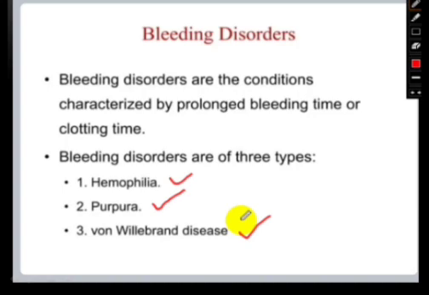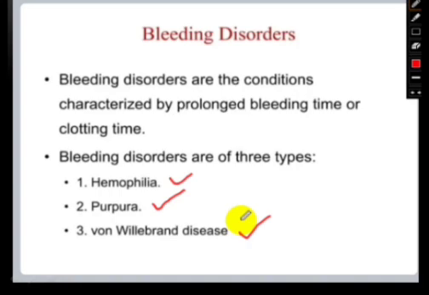Diabetes can also affect some of these clotting factors, because sometimes when a diabetic patient has an injury, it takes a longer time for that injury to heal. Alright? There is sugar in the blood in the first place, which can lead to bacteria accumulating around that injured site. The diabetes can also affect the clotting factors, leading to that prolonged bleeding time.